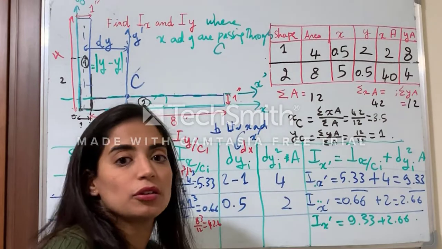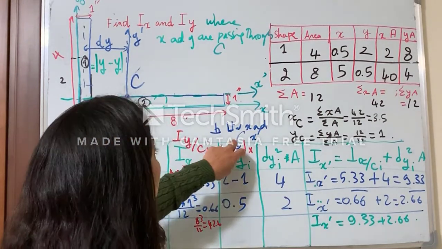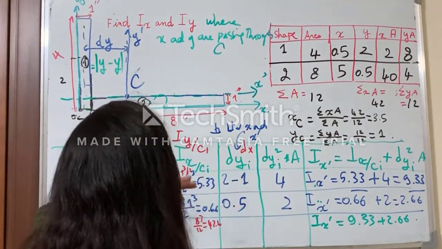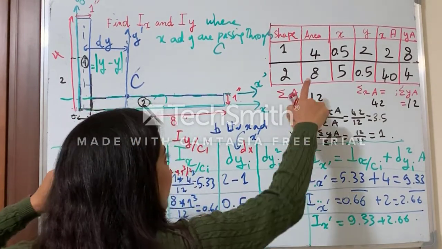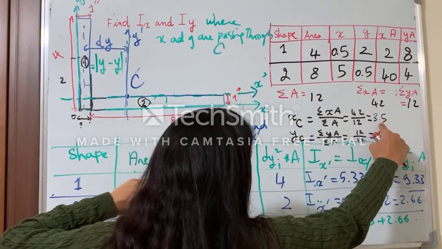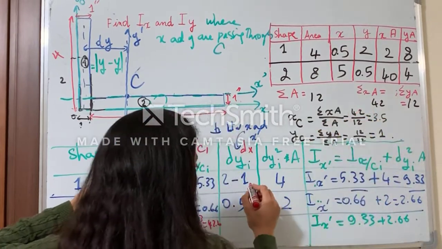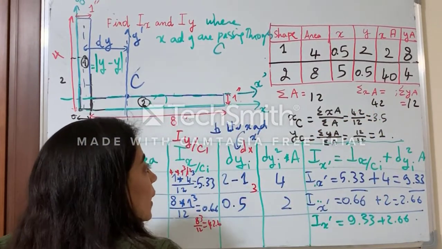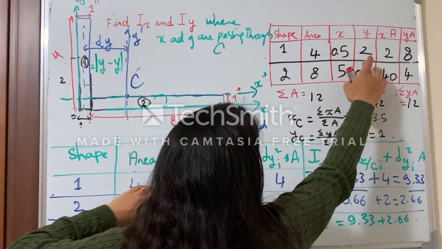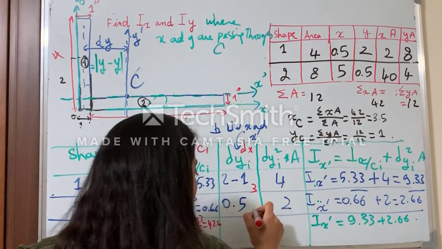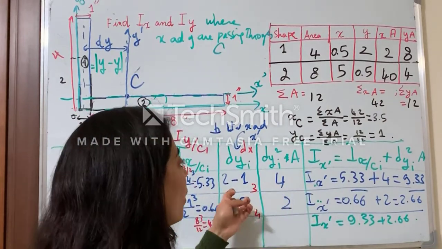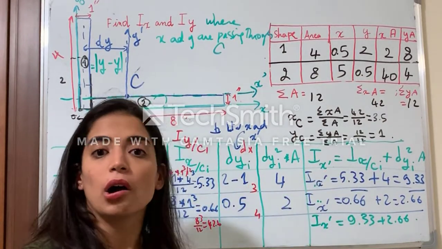This is the perpendicular distance between the centroids. And then dx, guys, will be what? Will be x minus x. So I will start with the first shape. x is 0.5 minus xc is 3.5, so it is 3. And then x of the second shape, which is 5 minus 1, this should be 4. And then you do the multiplication and then you find Iy prime.